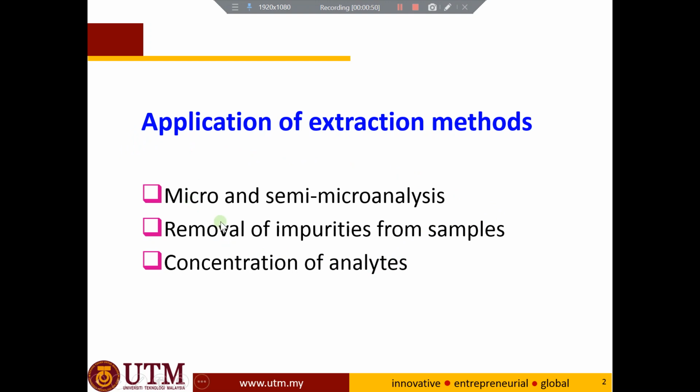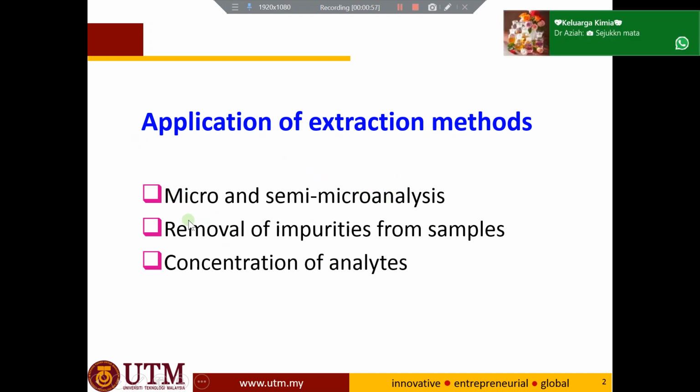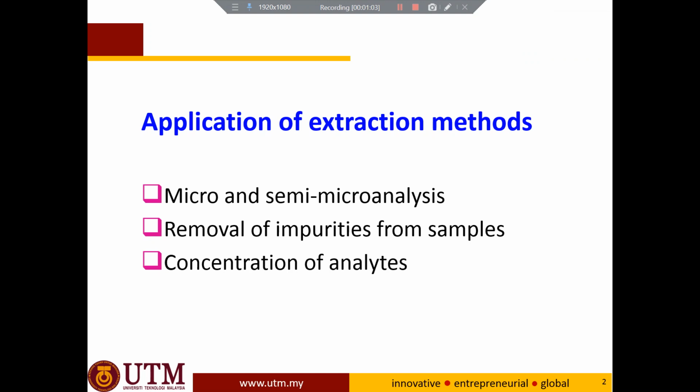Okay, untuk yang the first part, micro and semi-micro analysis, you nak buat analysis lah, and the removal of impurities. Of course, you want to only extract your compound, you want to remove the impurities. Why do you want to remove the impurities? Impurities can somehow disturb your reading or your analysis. Okay, the last one, you want to concentrate your analytes.